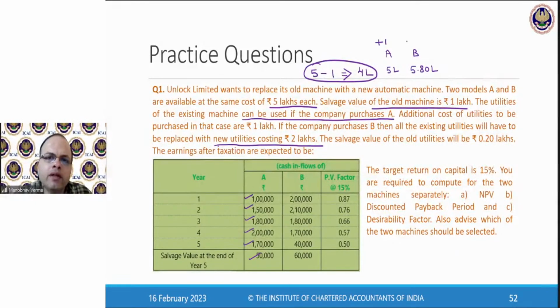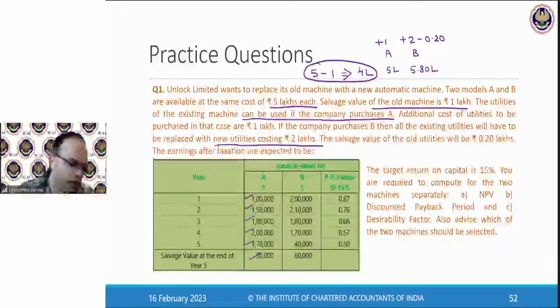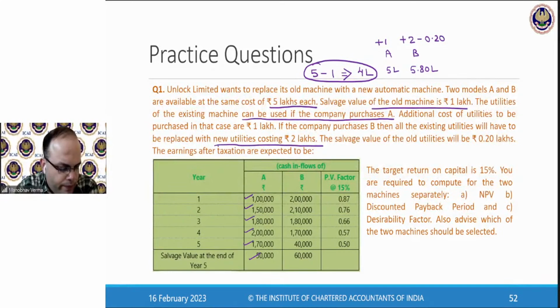For B, existing utilities cannot be used. The new utilities need to be purchased for 2 lakhs and the existing one can be scrapped for 20,000. So additional 1.8 is required for B. Additional 1 is required for A. So that's why 5 lakhs and 5 lakh 80,000.